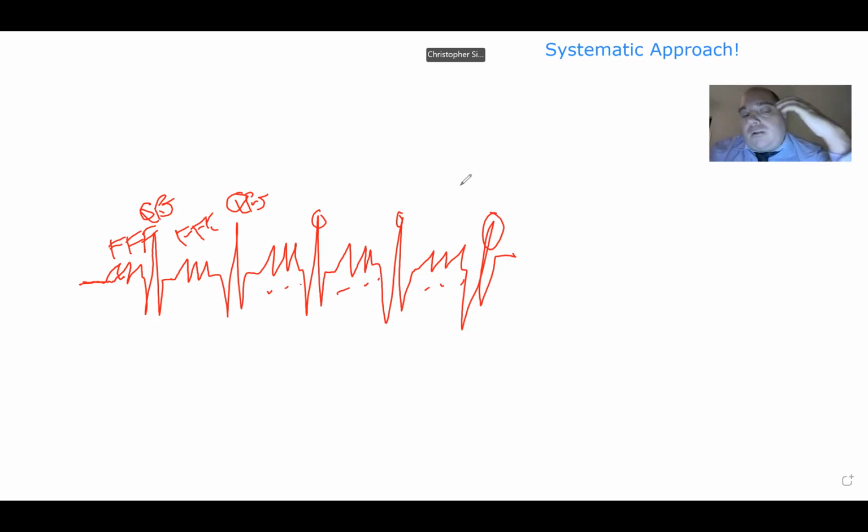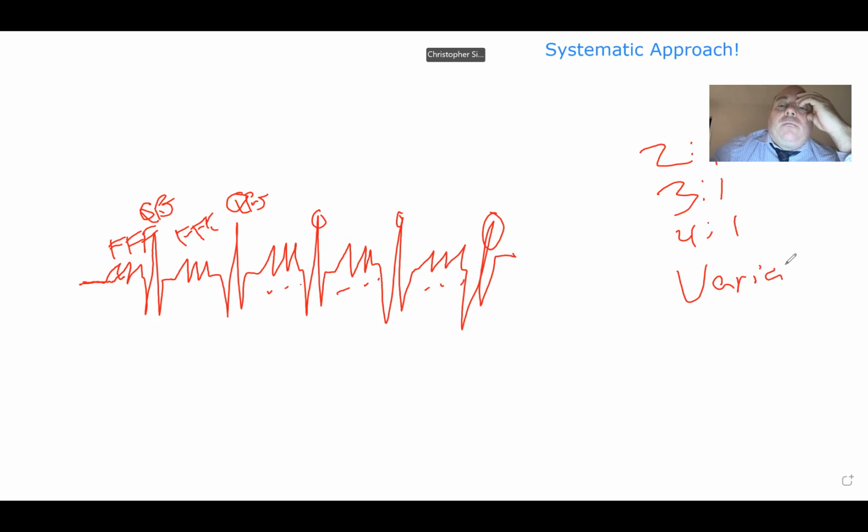So let's just follow along the concept here. What do we notice that's happening? We have flutter waves, which makes this a flutter, okay? But we need to count the amount of flutter waves that we have, because a flutter is going to present a couple of different ways. You might have 2 to 1, 3 to 1, 4 to 1, or variant conduction, okay?